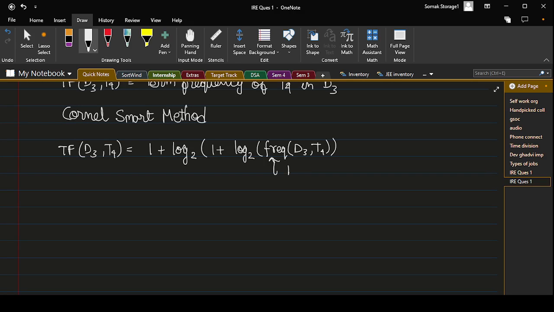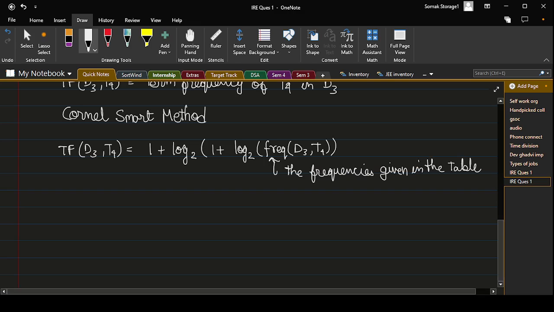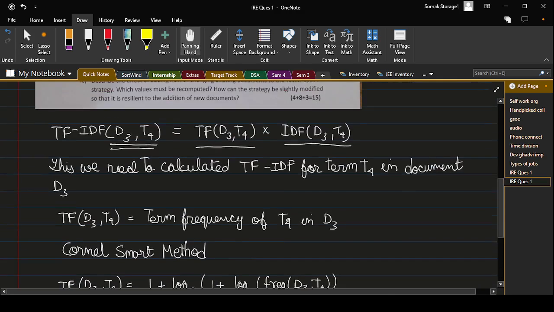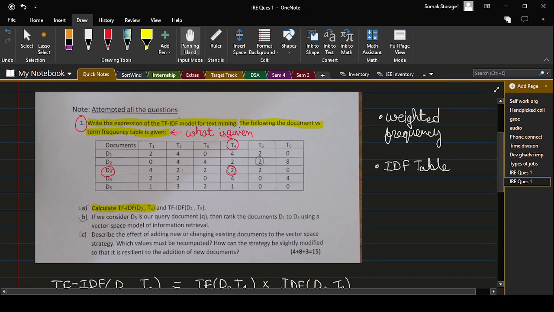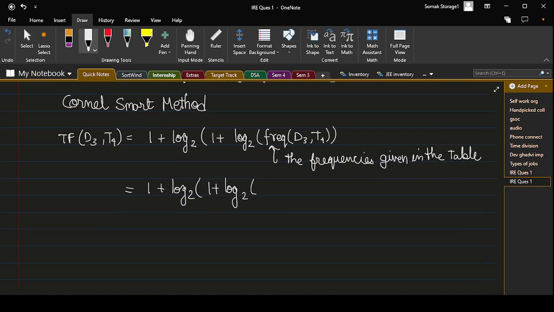This is nothing but the frequency given in the table, right? So we just need to plug in those values here and we'll be able to find the TF IDF value. So if we use 1 plus log base 2, and here if we just see, the value is 2. So the value here will be 2, right?